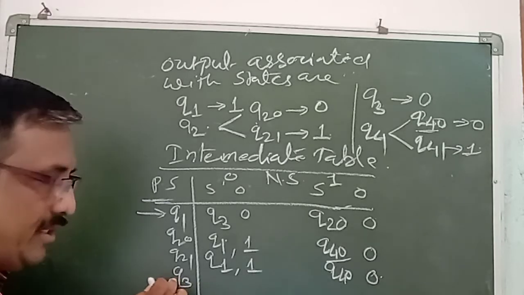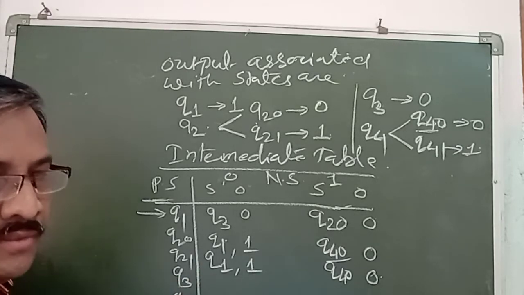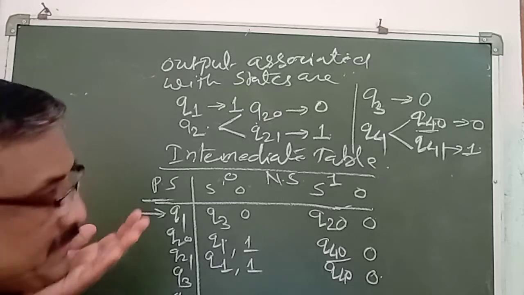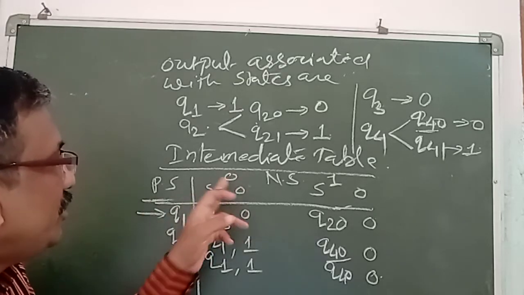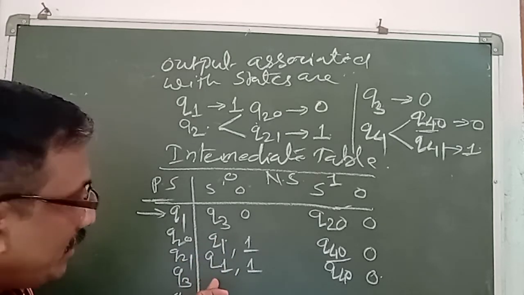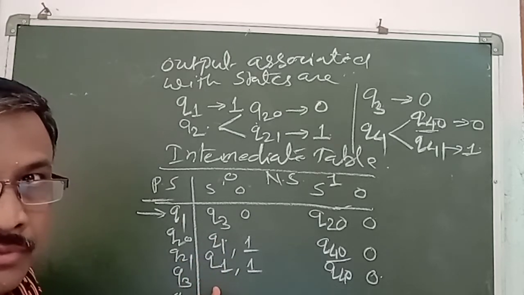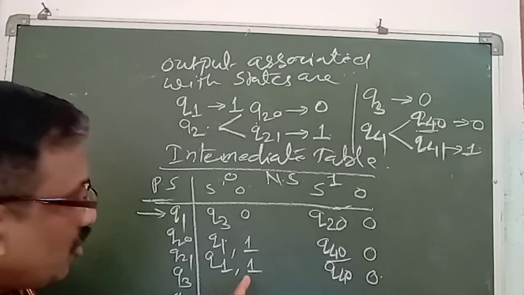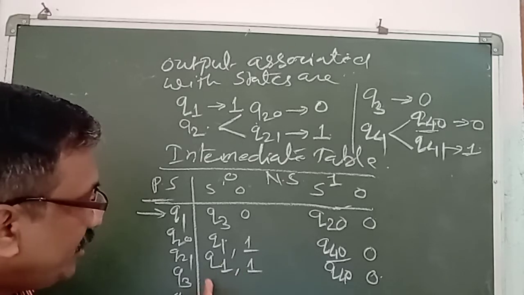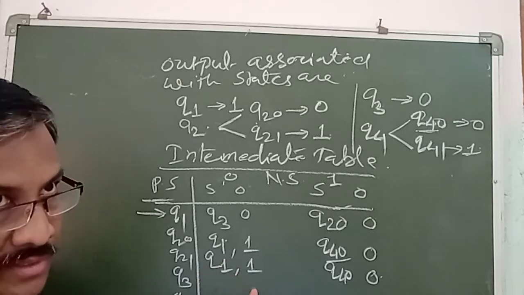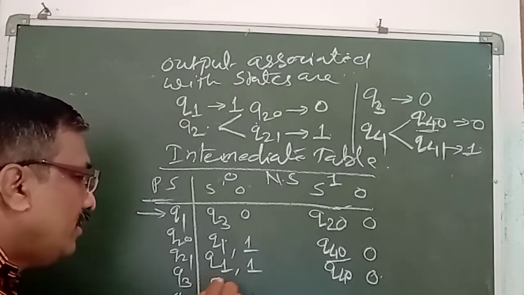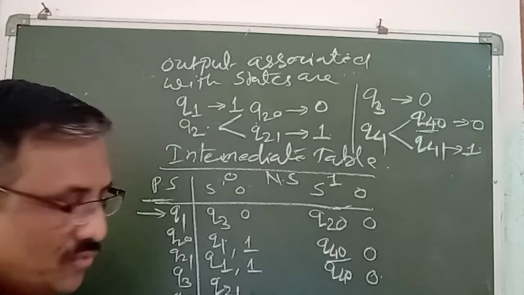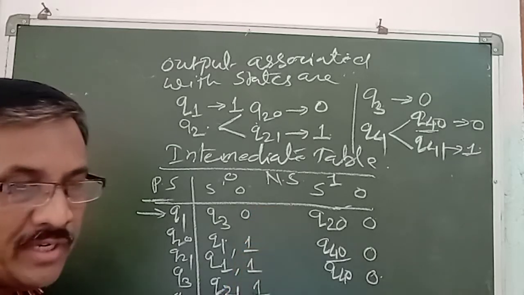For state Q3, the transition for input 0 in the previous table is Q2 1. Then output associated with state Q2 with output 1, the renamed state is now Q2 1. So it is Q2 1 and output 1.